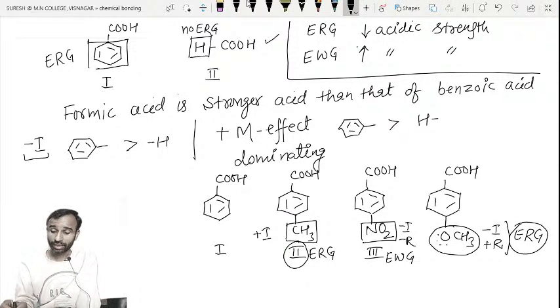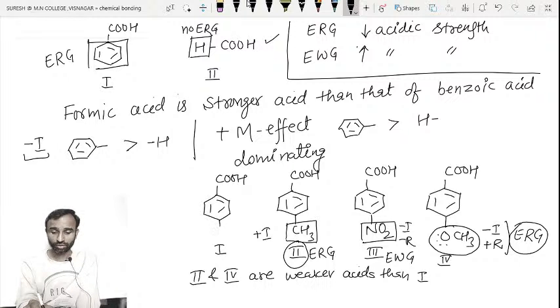Right, Ashish, decreases. That means the second and fourth are weaker acids than the first, because in the first there is hydrogen only, but the third is more acidic than the first. The third is more acidic because it has the nitro group, a withdrawing group, and out of the second and fourth, in the fourth OCH3 has plus R effect, so it is more electron releasing.